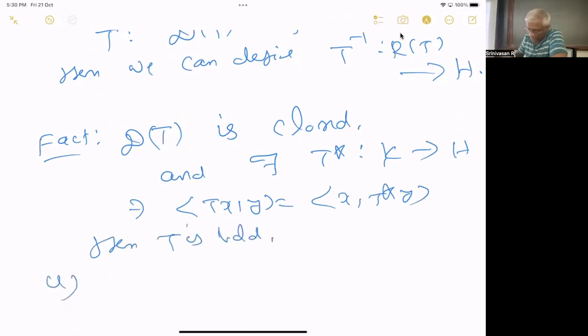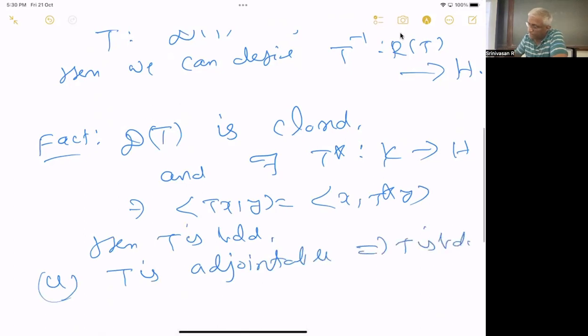That is, T is adjointable. Adjointable means there exists an adjoint. Adjointable implies T is bounded. On the other hand, T is bounded means it's adjointable. That we have seen; it follows from the Riesz lemma and other things. So adjointability and boundedness for operators defined on a closed subspace are equivalent.